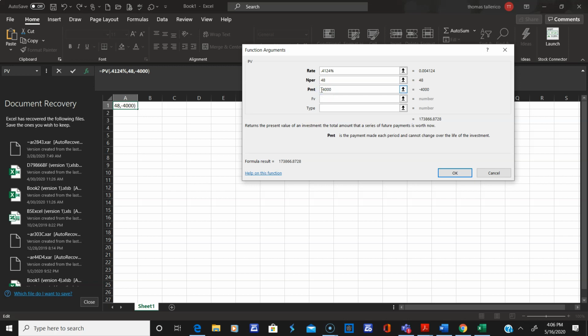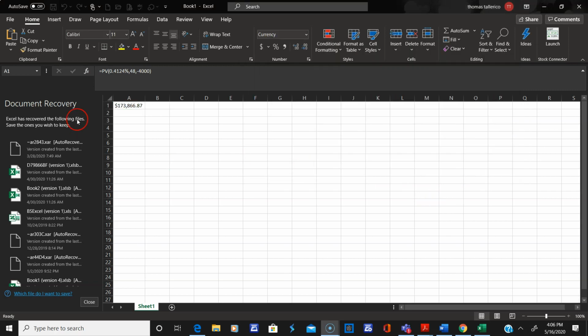Hold on. Negative. So you can clearly see the present value came out just as we calculated, $173,867. Okay, so that's all there is to that. And if you just say okay, it gives it to you right there. Okay, so I just wanted to make sure everyone was aware of that. Very good. Thank you.